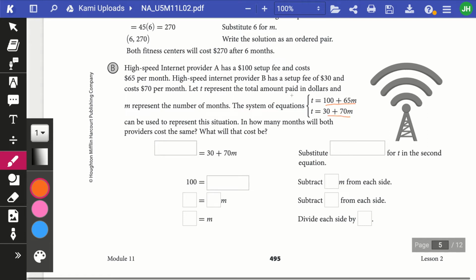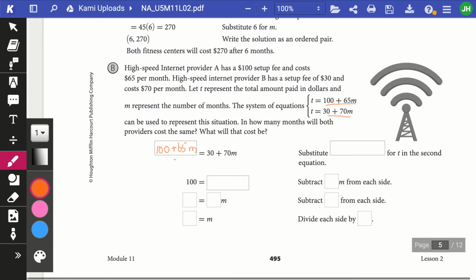Let T represent the total amount paid in dollars, M represent the number of months. So if T equals 100 plus 65M or equals 30 plus 70M, we're going to replace T with 100 plus 65M in one of these. Then we're going to solve.